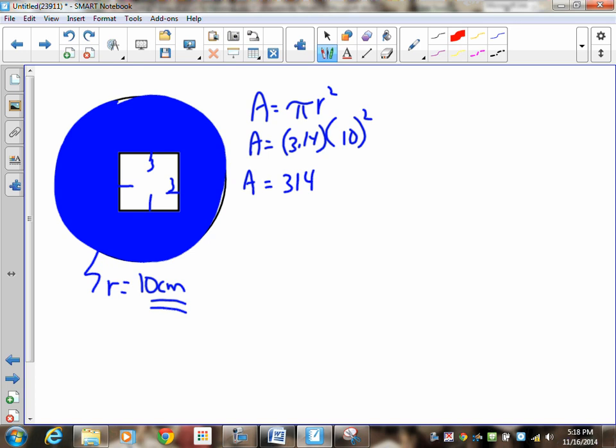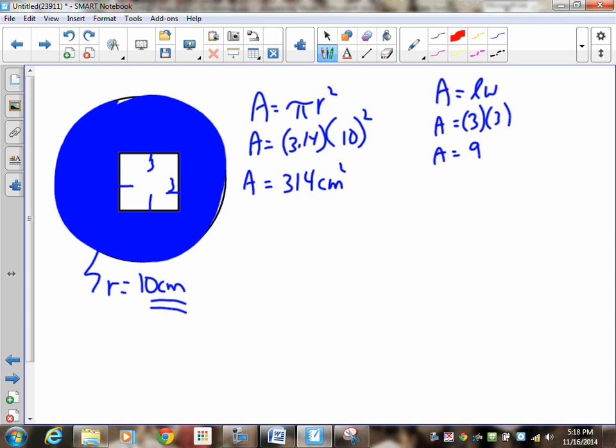And you can put in centimeters squared if you want at this point. It's an internal calculation, so it's not exactly needed right away. Now, to find the area of a square, since a square is a rectangle, you can use length times width, or you can use side times side. In this case, they're both 3. So 3 times 3 is 9. All right, very tiny square.